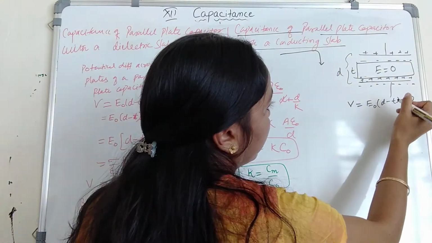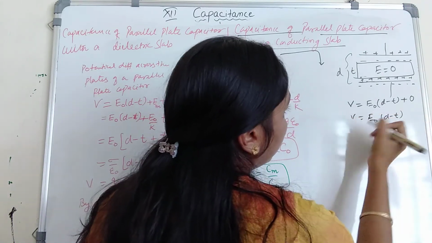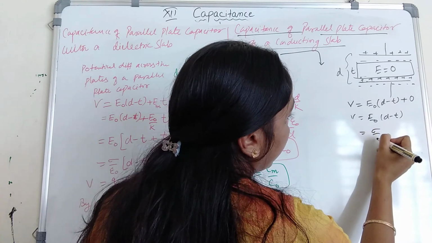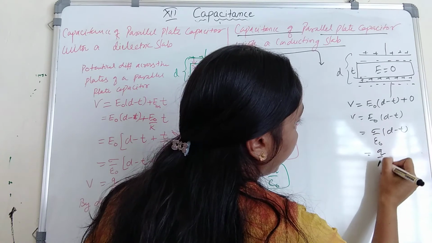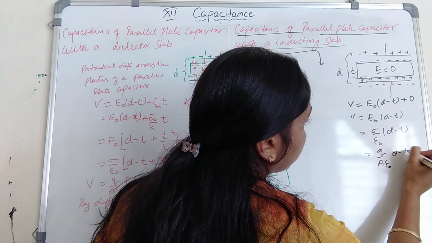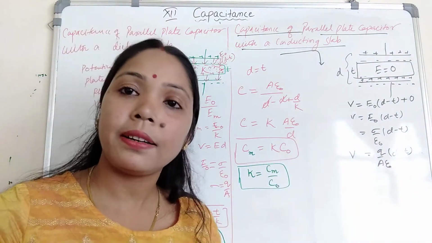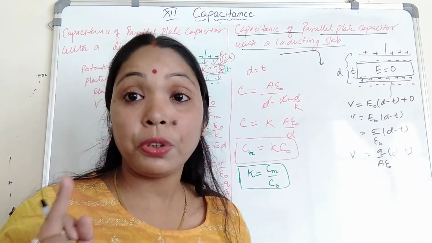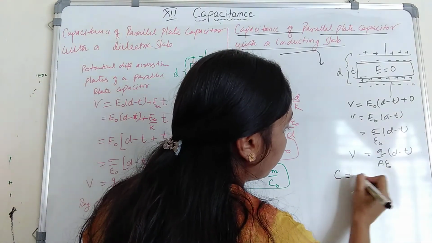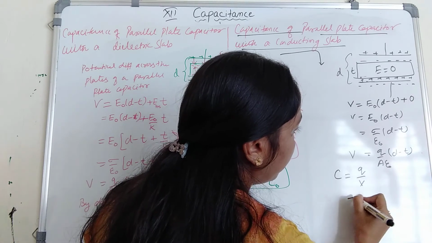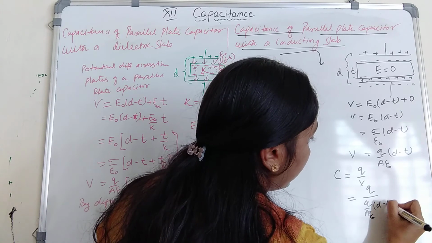So V is equal to E naught (d minus t). Again, E naught is sigma by epsilon naught, so V is sigma by epsilon naught (d minus t). What is sigma? Q by A, so V is Q by A epsilon naught (d minus t). Now once you get the potential difference, use the definition of capacitance: C is equal to Q by V. So Q by V will be Q A epsilon naught by (d minus t).